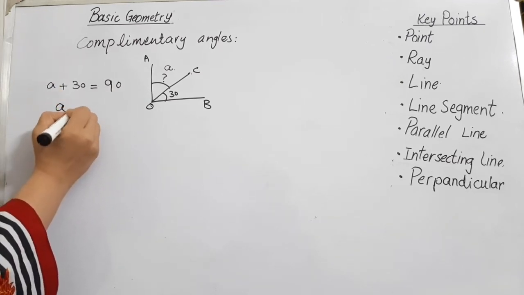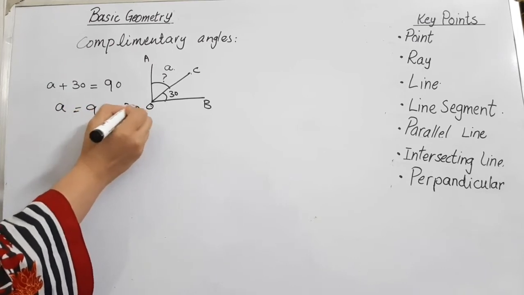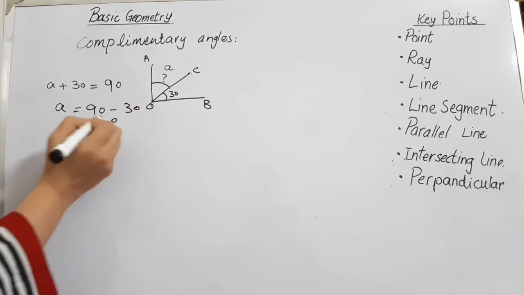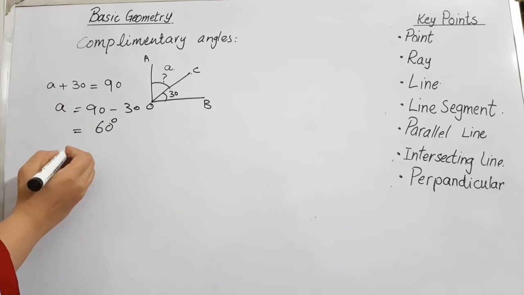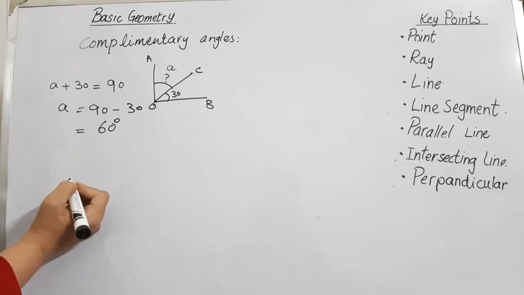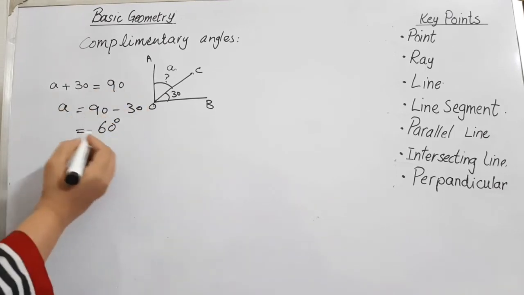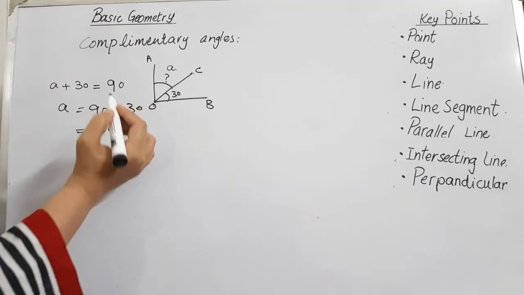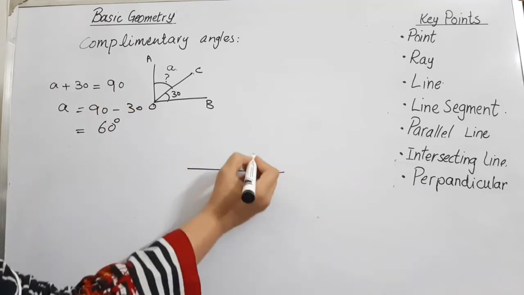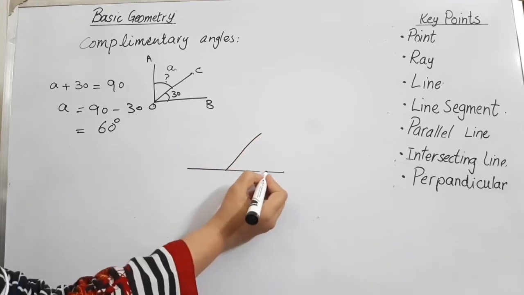It means A is equal to 90 minus 30, equal to 60. Complementary angles always add up to 90 degrees.